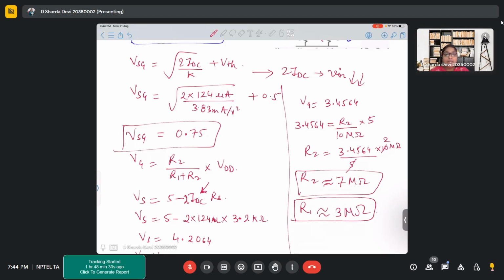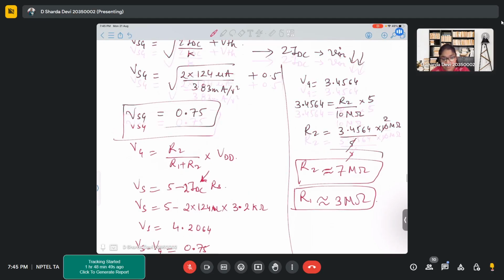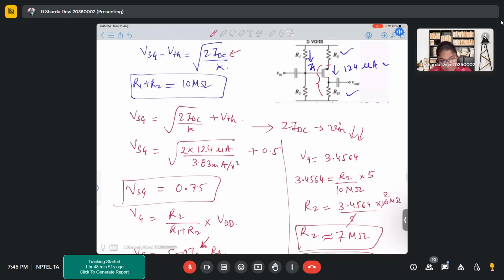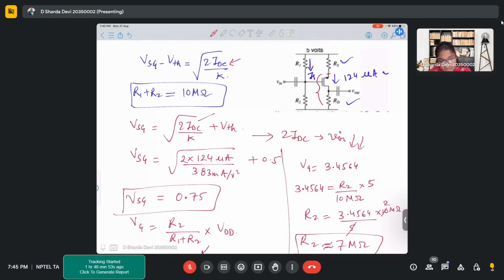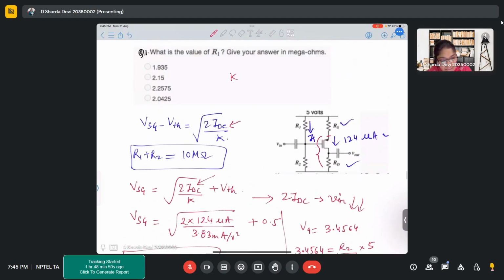Ma'am, can you please repeat after this? VS is 5 minus 2 IDC into RS. We are considering 2 IDC, because when we were calculating VSG, here we considered 2 IDC. Otherwise, in general, what is the formula?